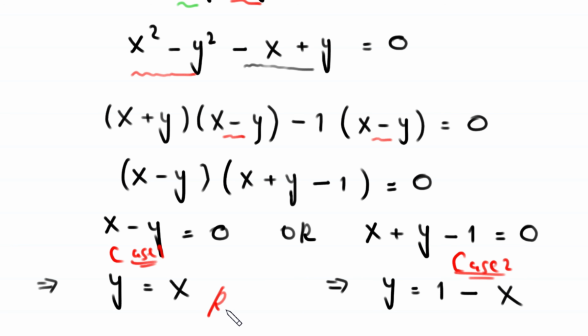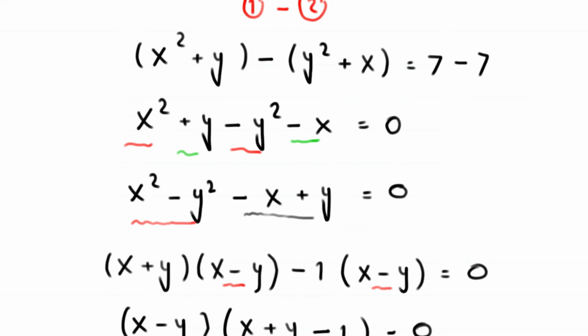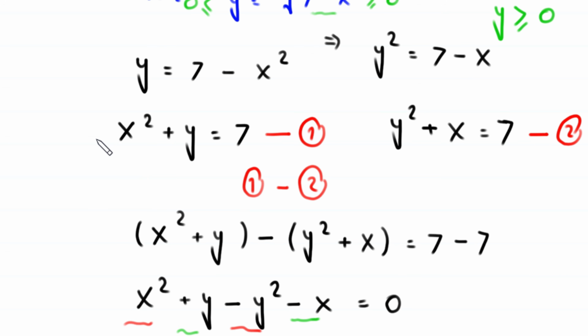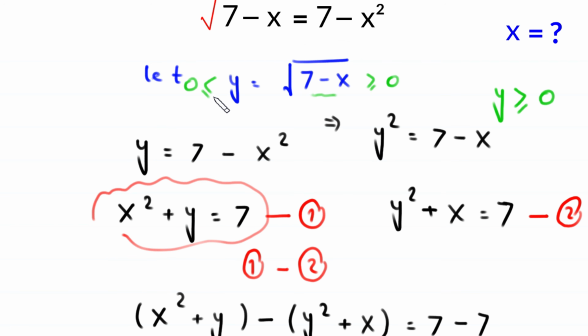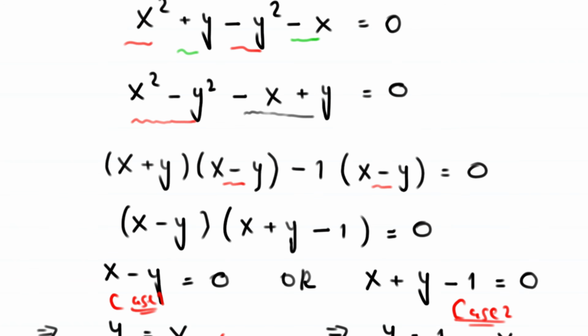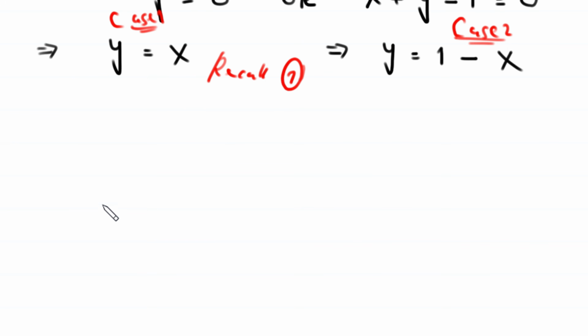Now we recall equation number 1. Equation 1 is x squared plus y equals 7, and remember that y must be greater than or equal to 0.